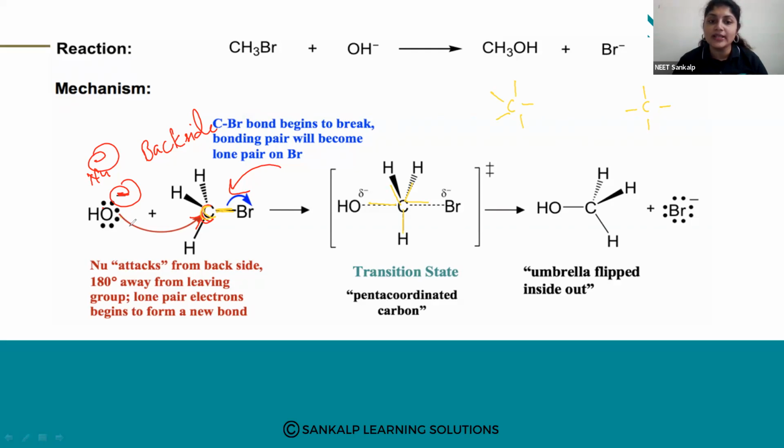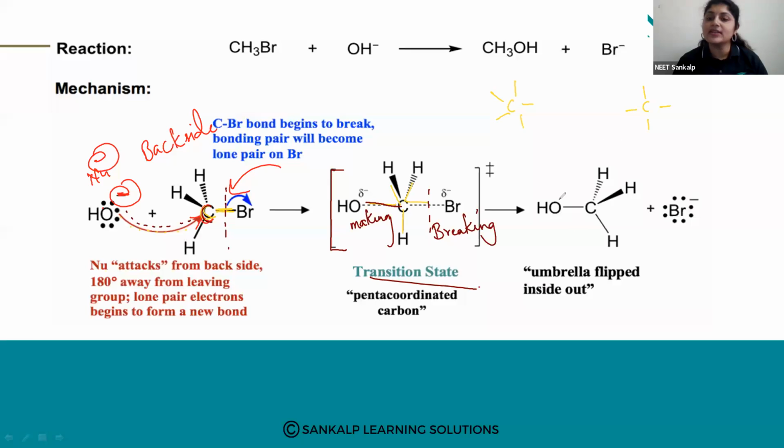As the OH bond is forming, OH is getting attached to carbon, and likewise this bond is getting broken. So this is the penta-coordinated transition state, wherein making and breaking of a bond take place simultaneously.